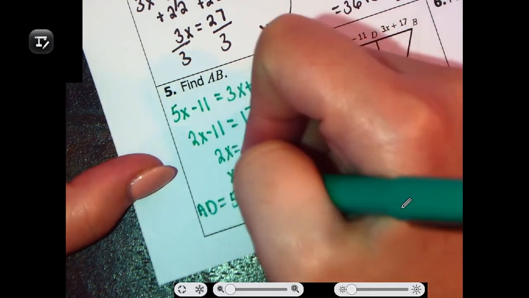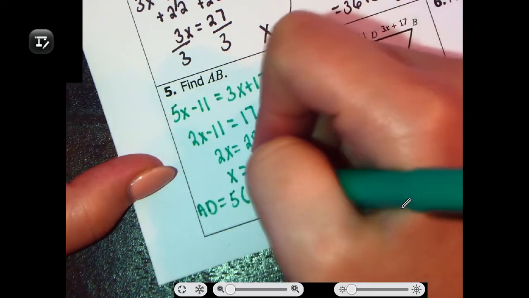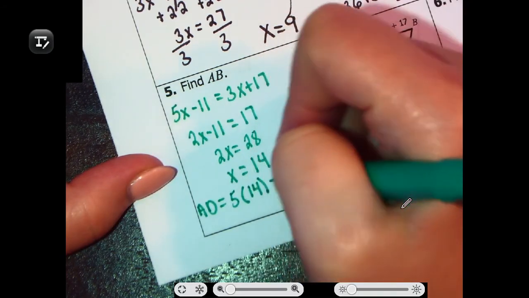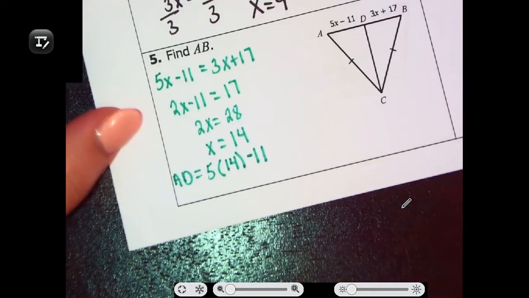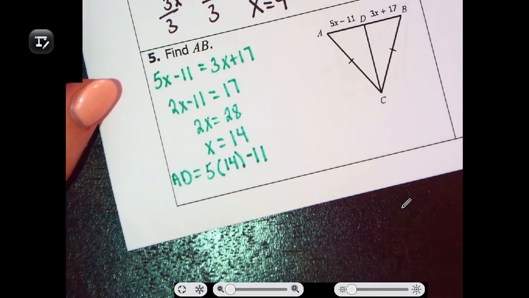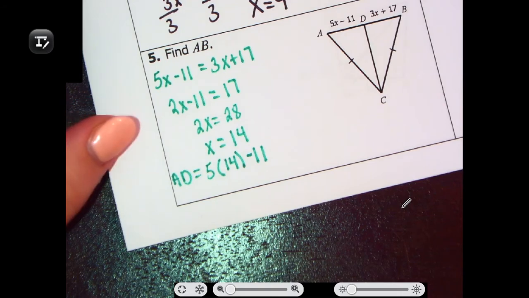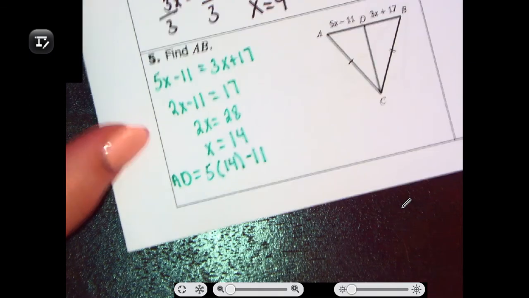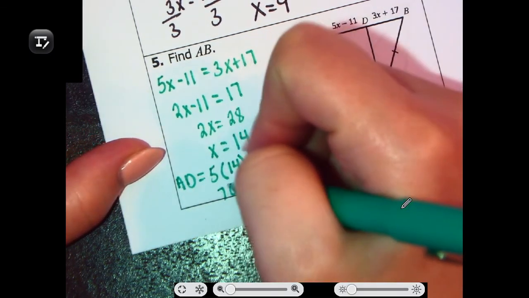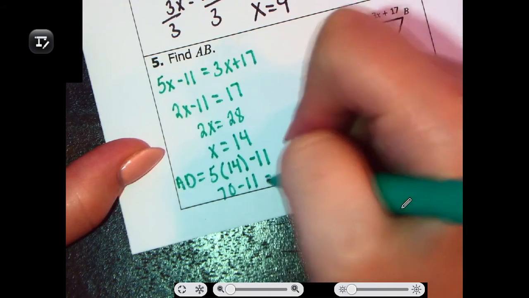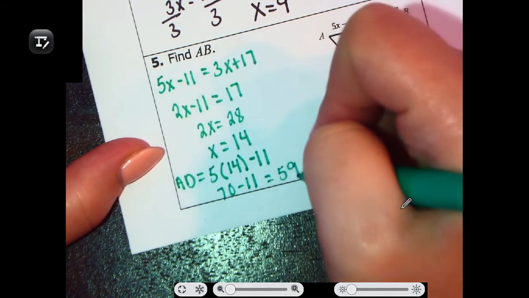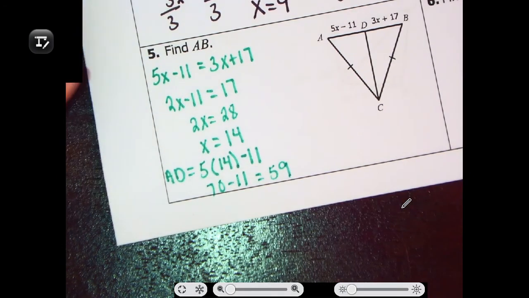So that's going to be 5 times 14 minus 11. So that's going to give me 70 minus 11, which is 59.